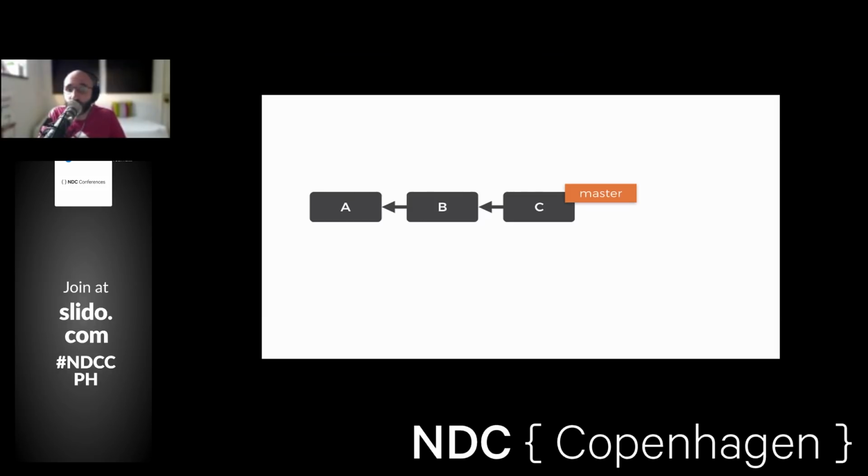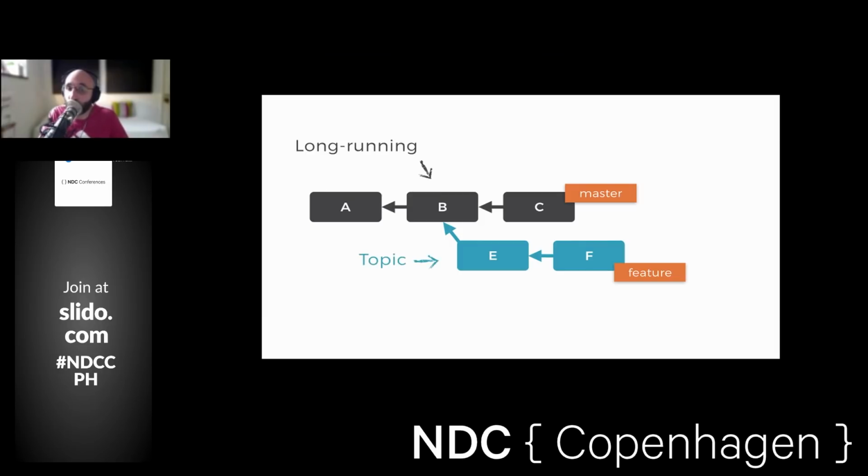If instead you want to do some specialized work, for example, let's say that you're working on a feature, that is a branch that's going to exist for a short period of time, and that usually contains the work of one contributor, and it's focused on a specific task. That's why it's called a topic branch. Topic branches usually eventually get merged into the long-running branch, and then they disappear. So they are short-lived.